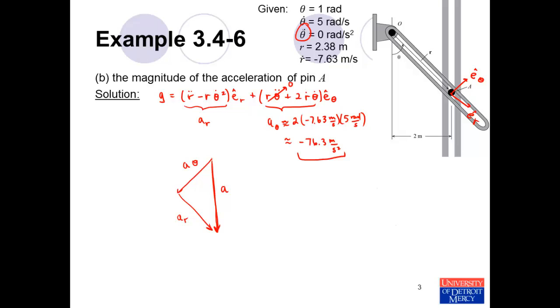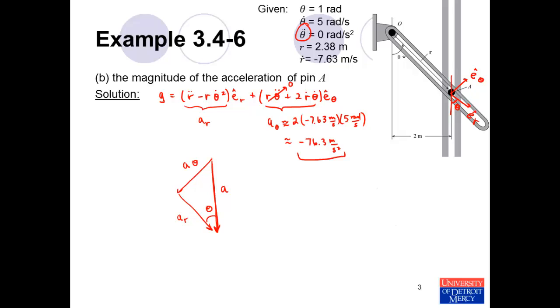Trying to do a little geometry, we can see that the angle between the vertical and the radial is theta. So if we extended these out a little bit, that angle is also theta.